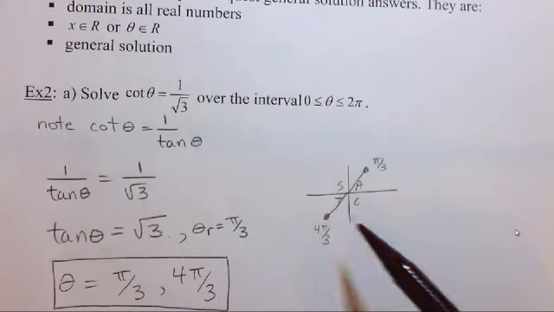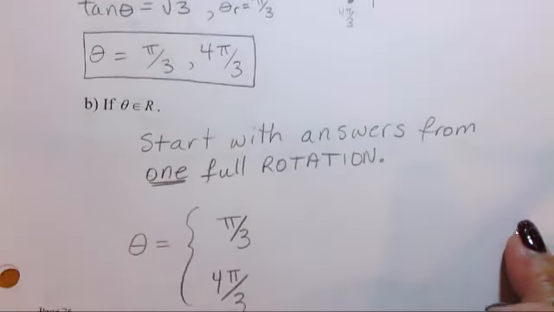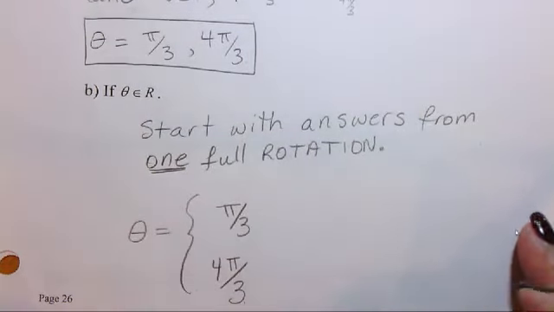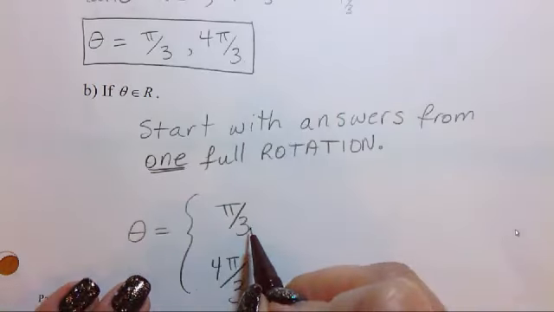Now here it says if theta is an element of the real number system, what is the general solution? So what I'm going to say here is that we start with the answers from one full rotation, which is just above, and then I'm going to write it in terms of this.